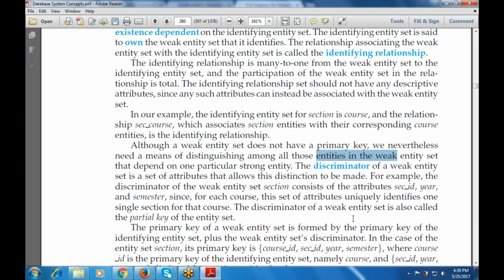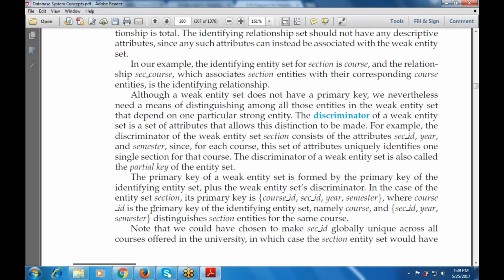The primary key is formed from the primary key of the identifying entity plus the weak entity set discriminator. In the case of the entity set section, its primary key is course ID, section ID, year, semester, where course ID is the primary key of the identifying entity set, namely course, and section ID, year, semester differentiate the section from the same course.